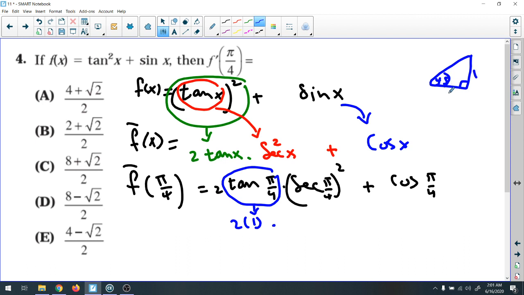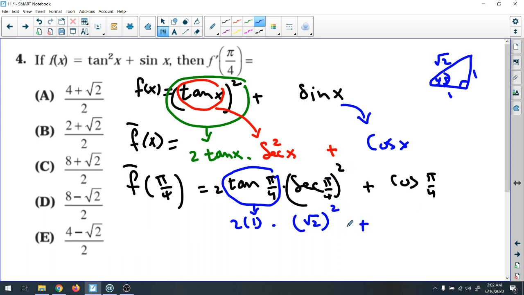If this is 1 unit and this is 1 unit, the hypotenuse will be square root of 2. Secant is the reciprocal of cosine. Cosine is adjacent over hypotenuse, 1 over square root of 2. So when you flip it, it will be square root of 2. So secant of pi over 4 is square root of 2, and then we have to square it.